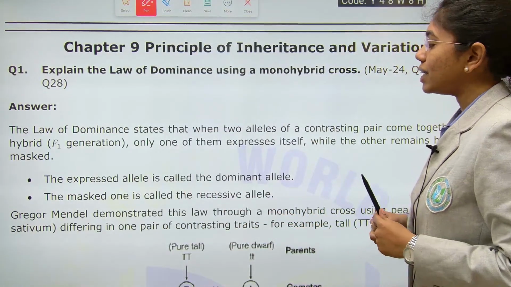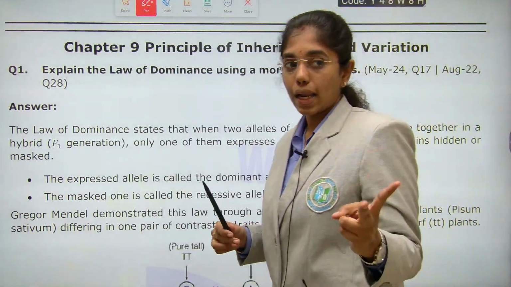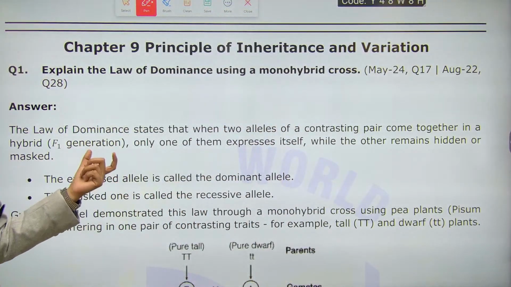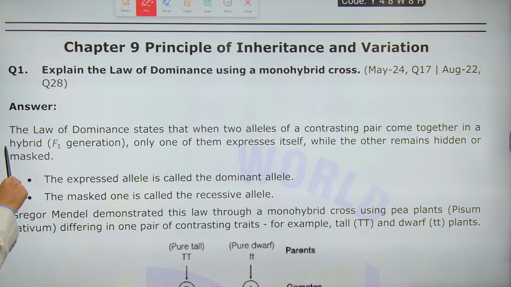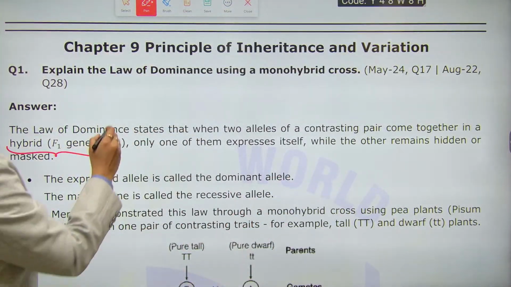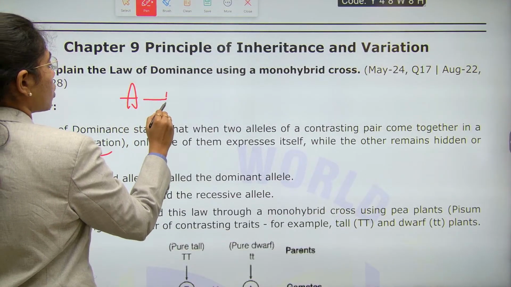Law of dominance states that when a contrasting pair of alleles come together, one of them will express itself and the other remains hidden or masked. So one allele will mask the effect of the other allele.